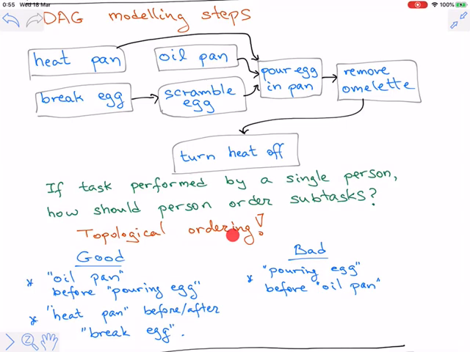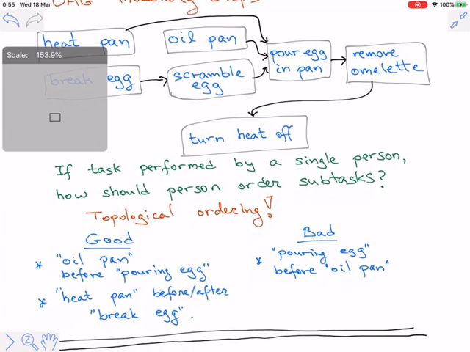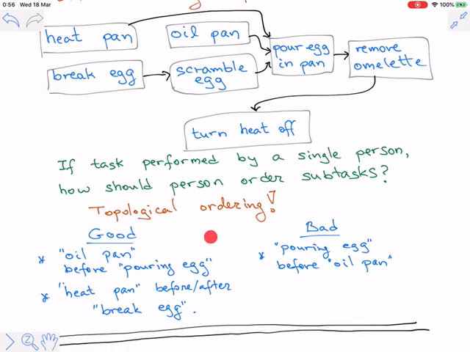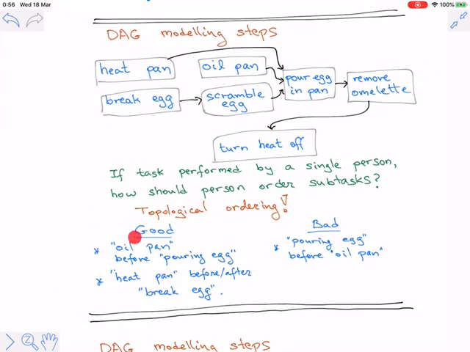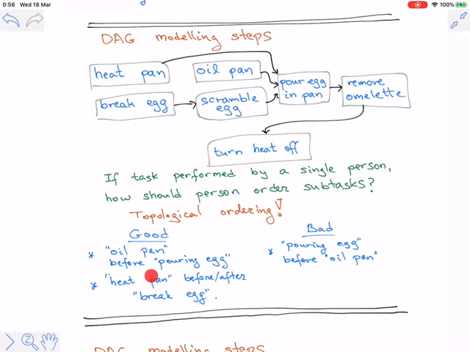This is all that you need to do. So notice, this ordering is good if you oil the pan before you're pouring the egg, because we have a directed arc from oiling the pan to pouring the egg into the pan.